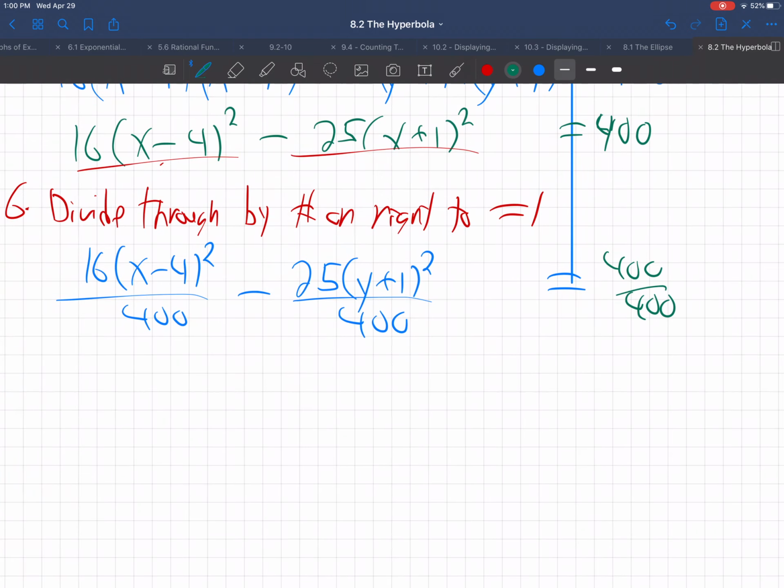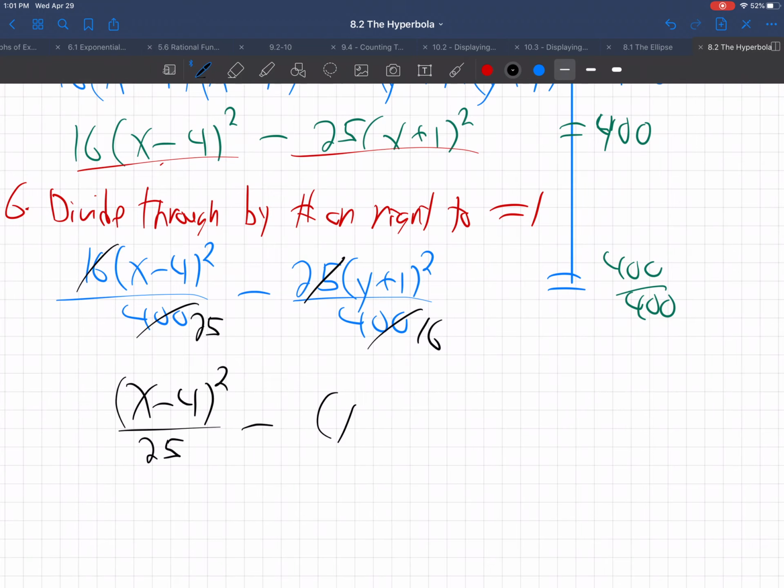Now, simplify. So 16 goes into 400, I don't know, isn't it 25? Yeah, 25. And 25 goes into 400 16 times. So we end up with (x minus 4) squared over 25 minus (y plus 1) squared over 16 equals 1.